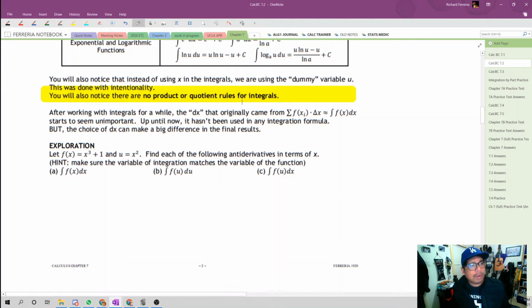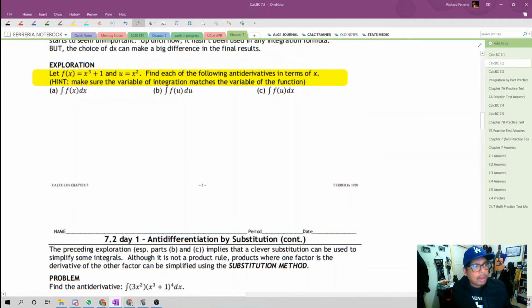So for our exploration, we're going to talk a little bit more about that dummy variable. For these three functions, we're going to say f of x is x cubed plus 1, and we're going to say that u is equal to x squared. So we're going to find the antiderivatives in terms of x. The hint here is to make sure that the variable of integration matches the variable in the function.